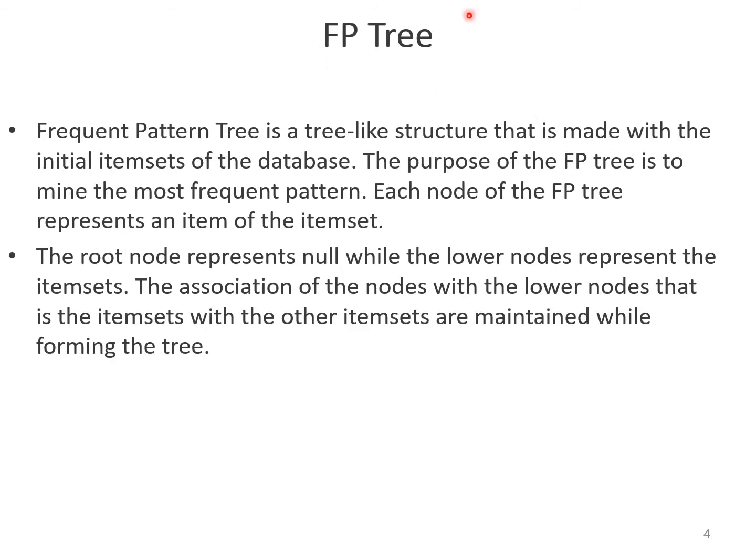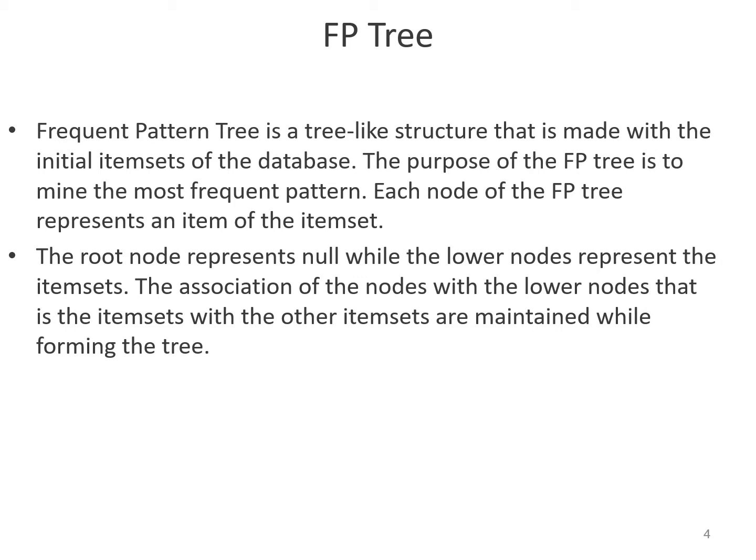So what is an FP tree? A frequent pattern tree is a tree-like structure that is made with the initial item sets of the database. The purpose of it is to mine the most frequent patterns, that is, to find the items that occur most frequently in the data set.